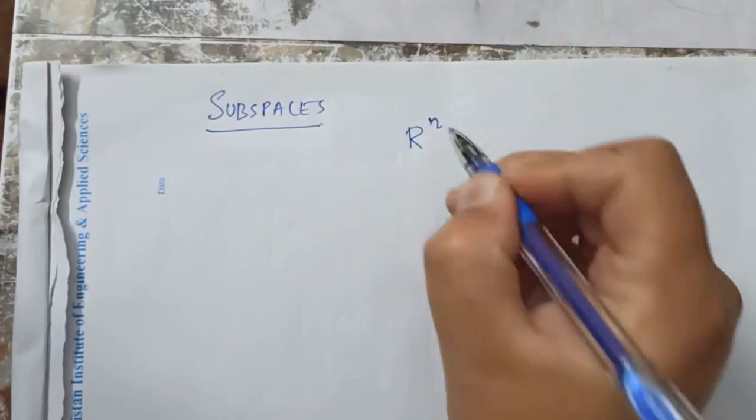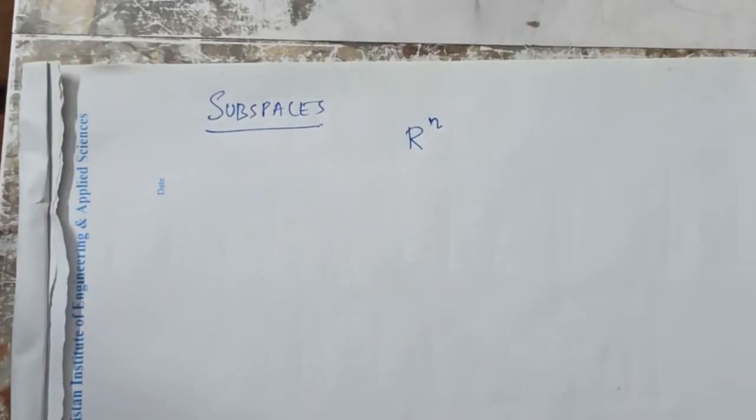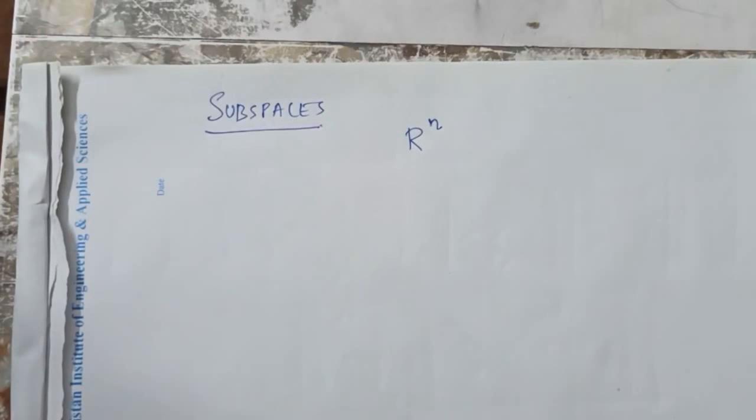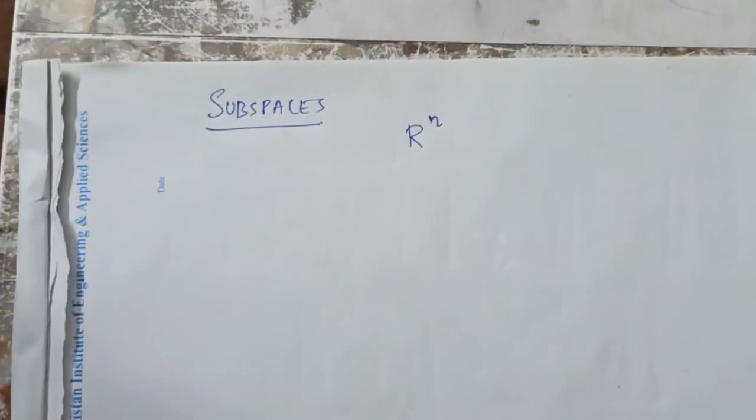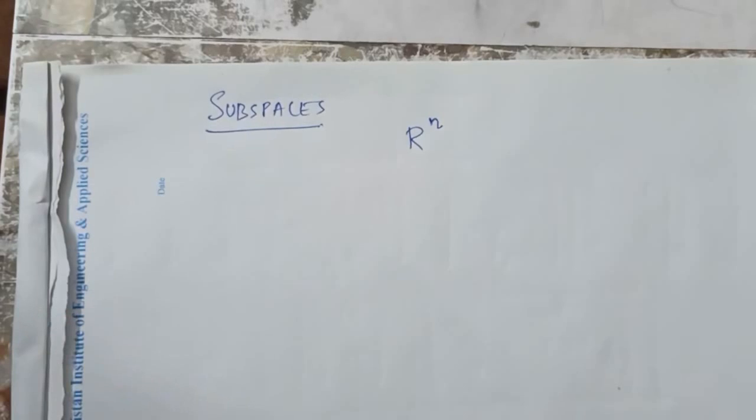Generally, we have defined up till now the space Rn, but in this lecture we are going to define the subspaces of Rn, and of course it depends on the vectors that it contains. So before we go further, let's define it first, and then we'll see how subspaces are formed and how we calculate the basis for that subspace.